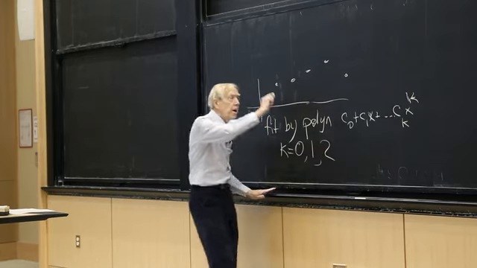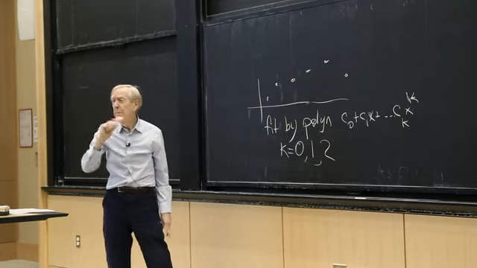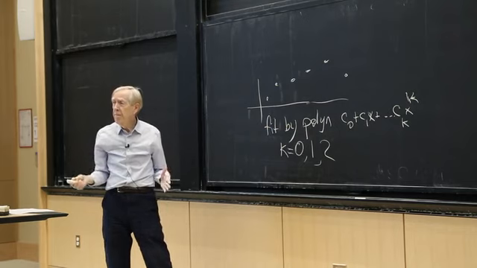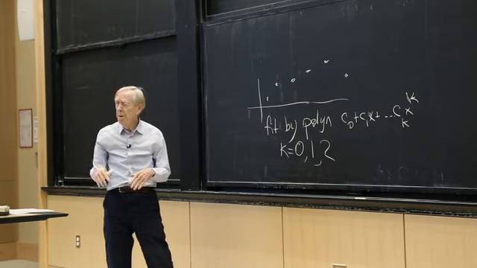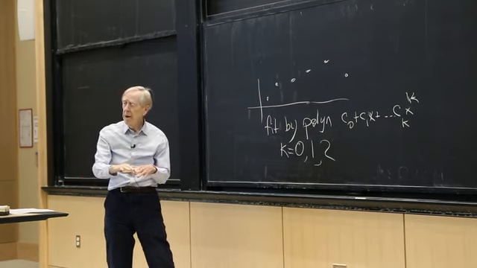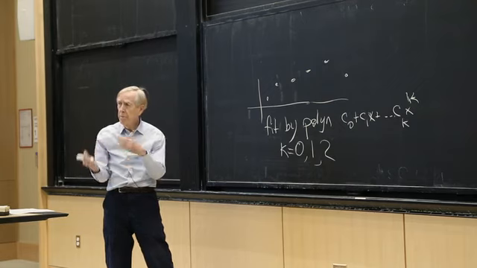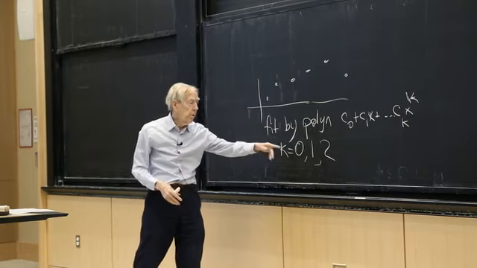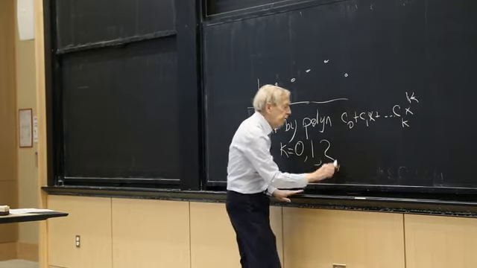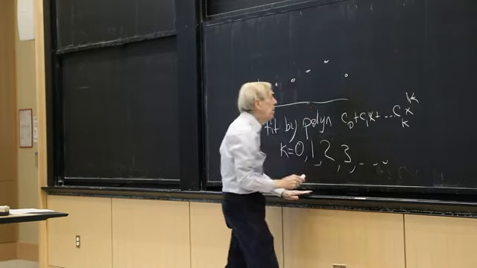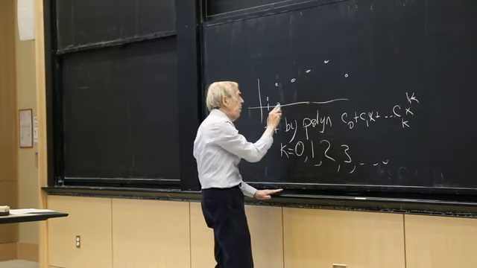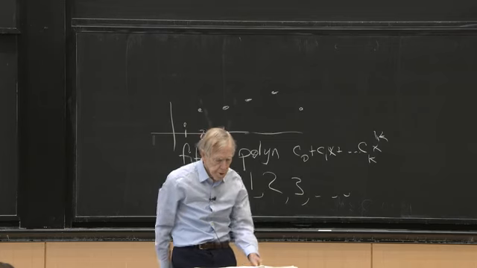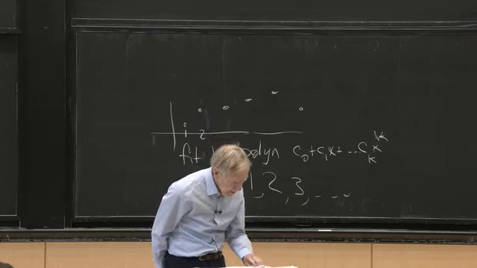k equals 2 would be fitting by a parabola. Again, you'll have some error, but smaller, since parabolas include straight lines, so you can only reduce the total sum of squares error by going to degree 2, degree 3, and up to, how many points should we take? Let me use the same letter I've used here.